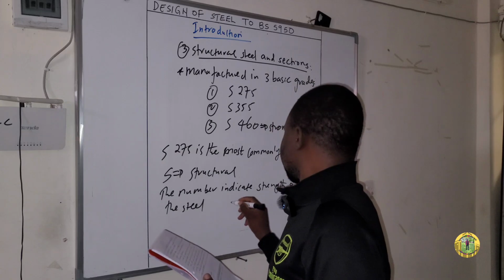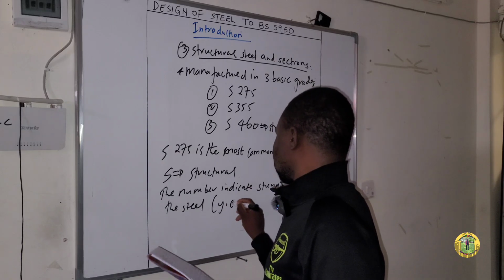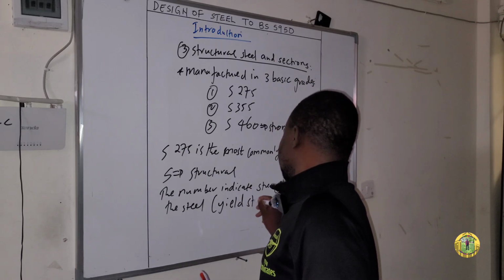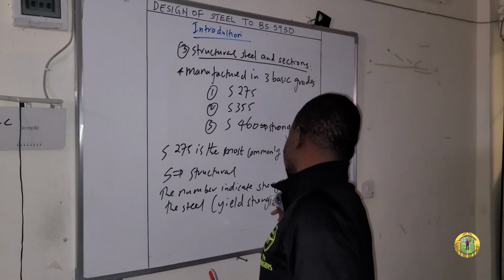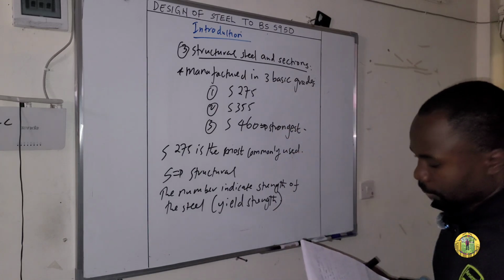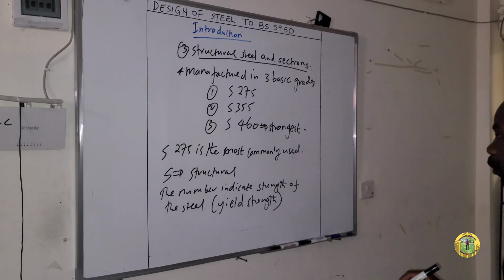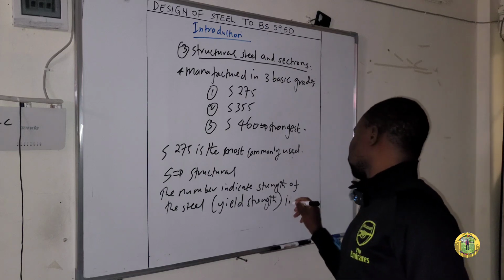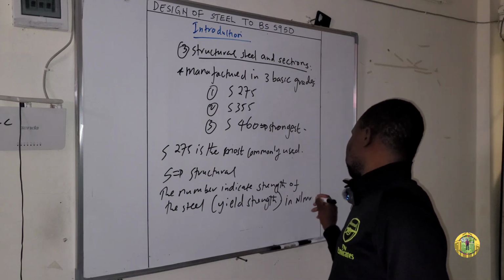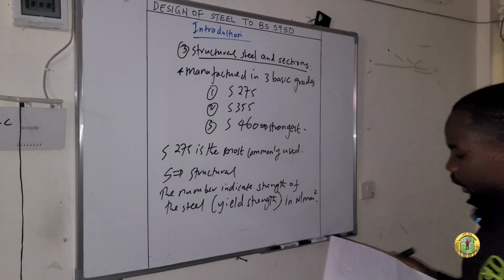This is the yield strength in Newton per millimeter square.